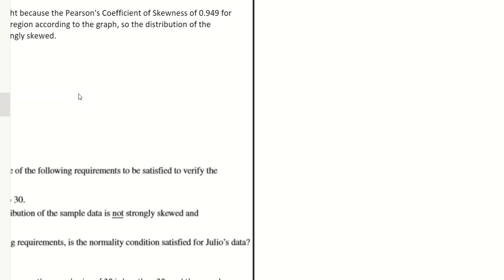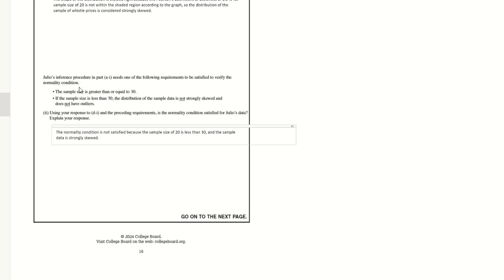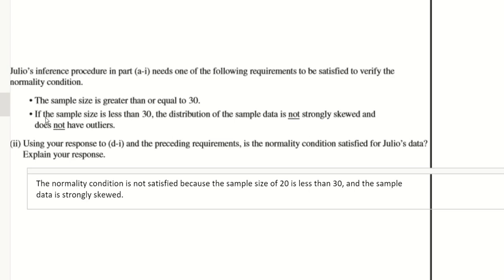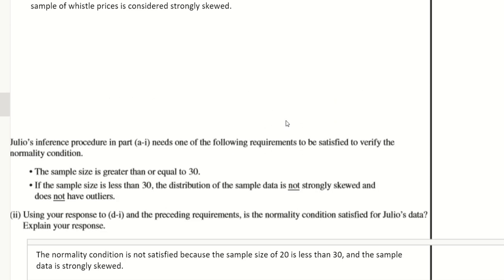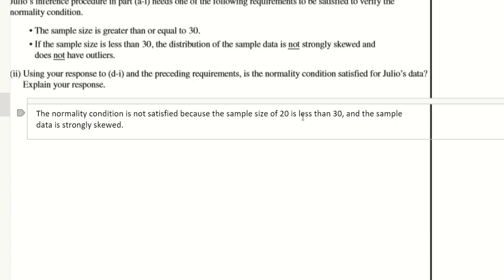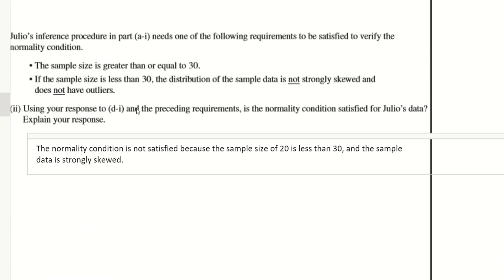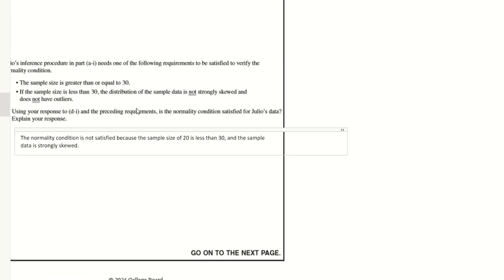And then, lastly, the second part of this condition, since the sample size is less than 30, it doesn't meet this condition because, as you see according to the graph, our sample data is strongly skewed, so it does not meet the second part of this condition. So ultimately, we do not meet the normality condition.